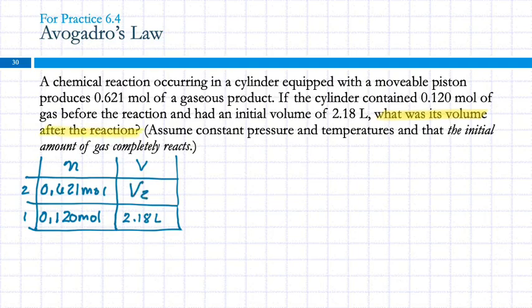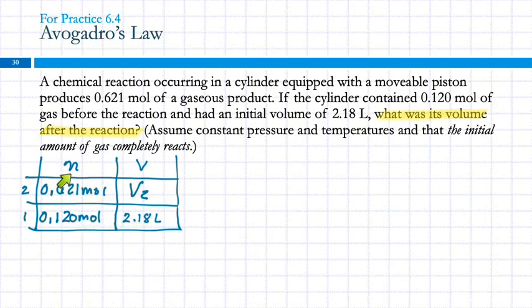So that's V2. Everybody okay with that? We have to identify what the numbers are and label them. Exactly what you label them doesn't matter, but it's important to get them paired up correctly, right?